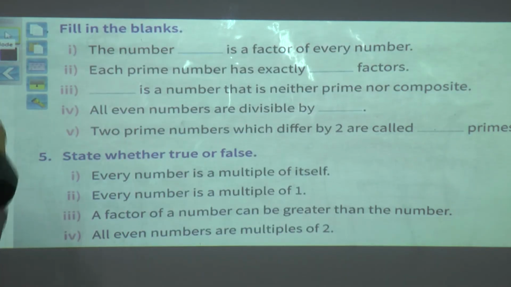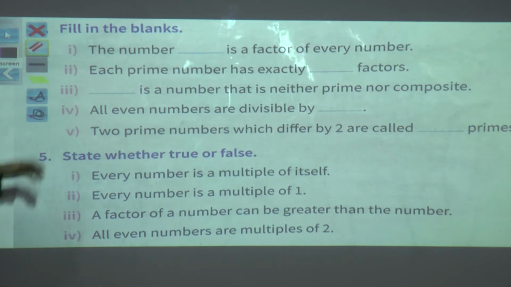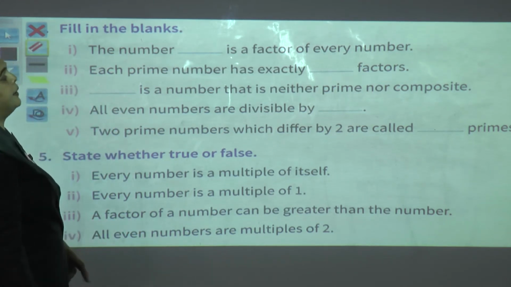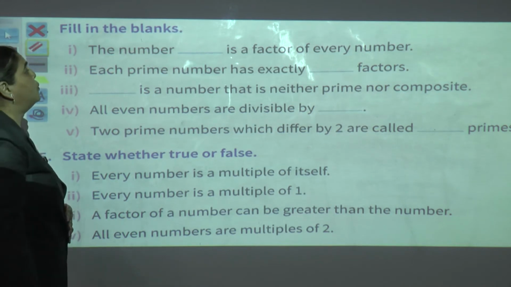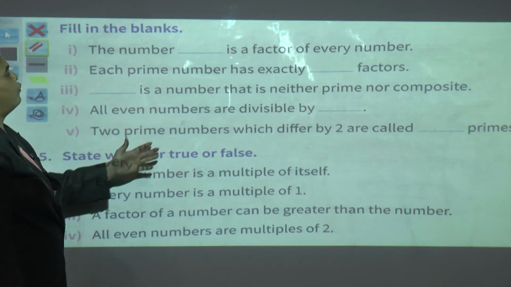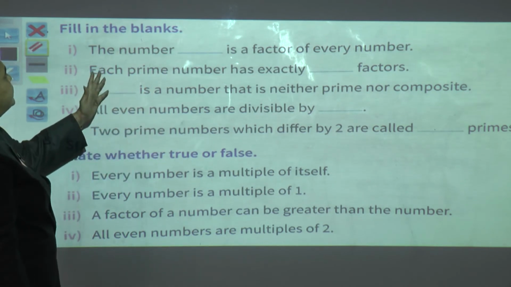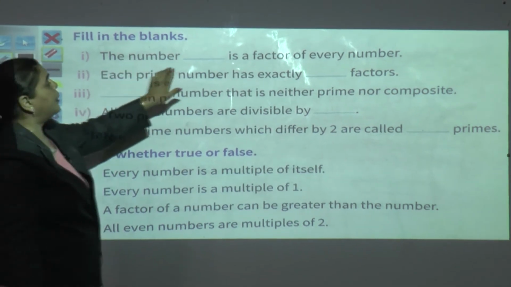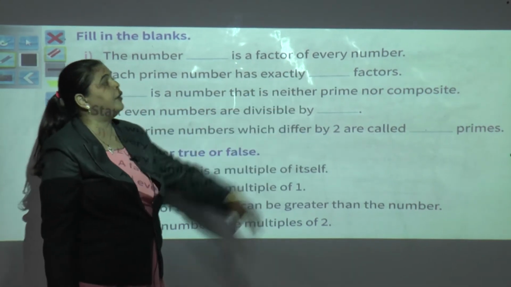Next we will see that when we started the lessons we had discussed many things. I want answers from you. It is in the form of blanks and true or false. We have to recall what we learned at the start of the lesson. The number dash is a factor of every number.